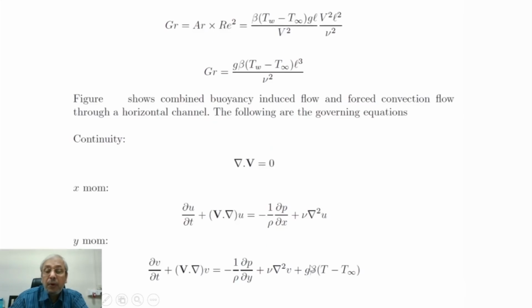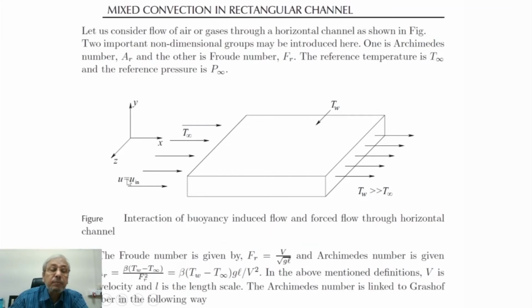So this flow, as we said, is a mixed convective flow, and the velocity at the inlet of the channel or duct is U in. This is a pressure driven flow.